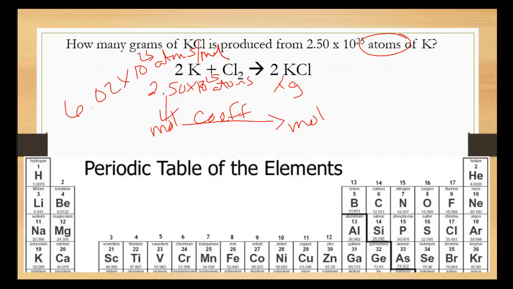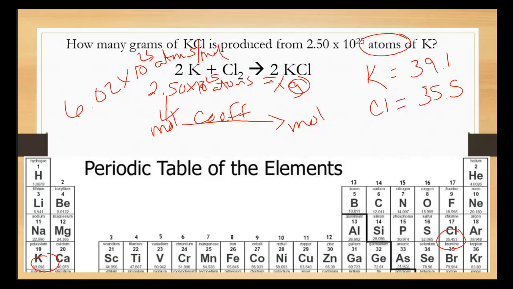Over here we have grams. For grams, we're going to use the molar mass, which means we need the periodic table. So we have K and we have Cl. K is over here, 39.1. And Cl is right here, 35.5. We have one of each. Ignore this 2.